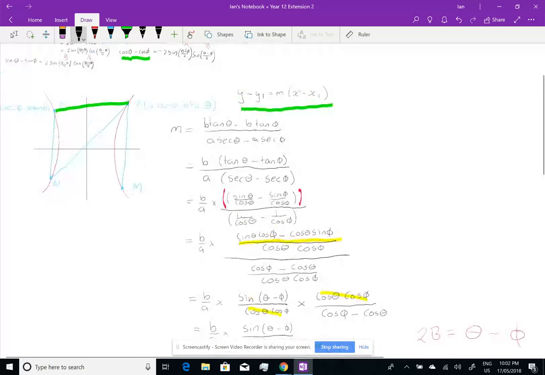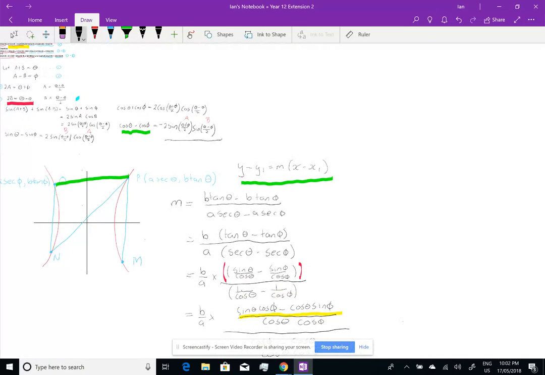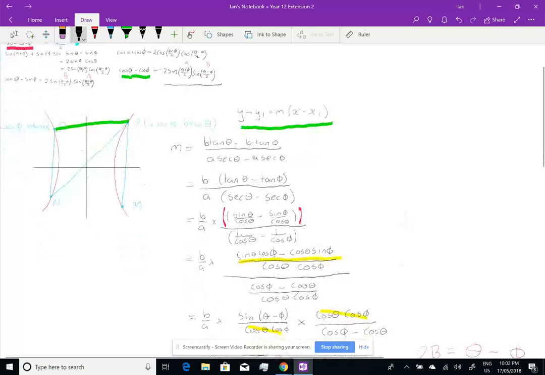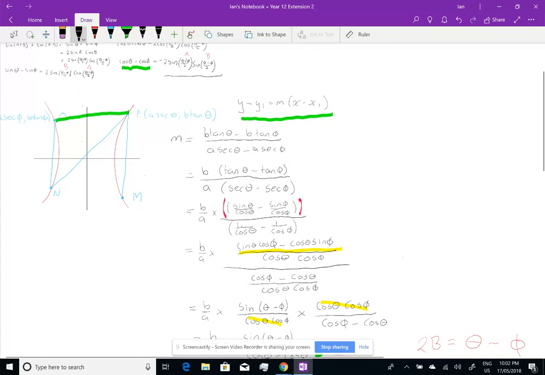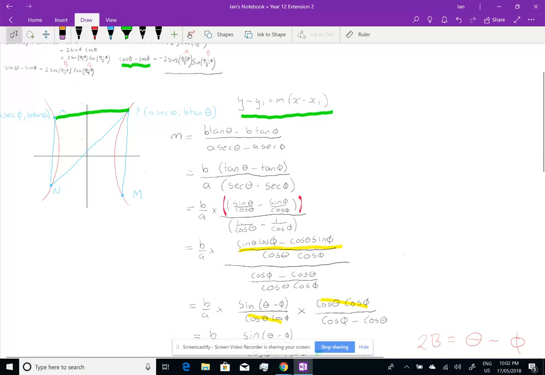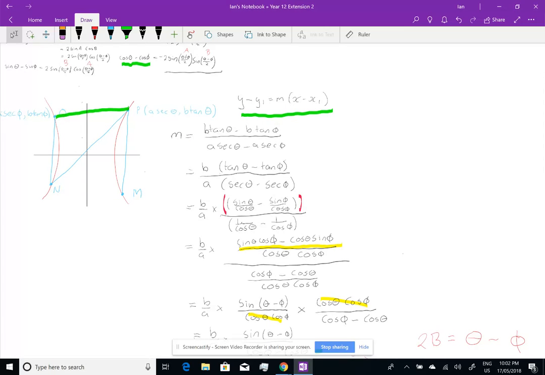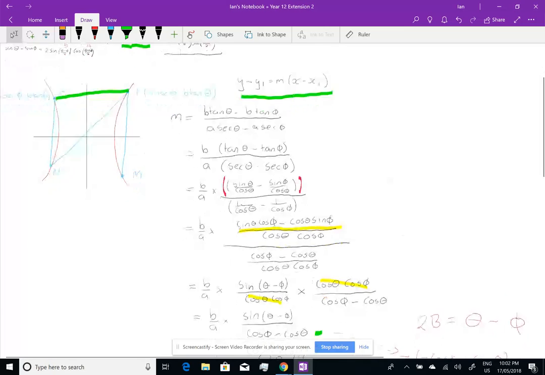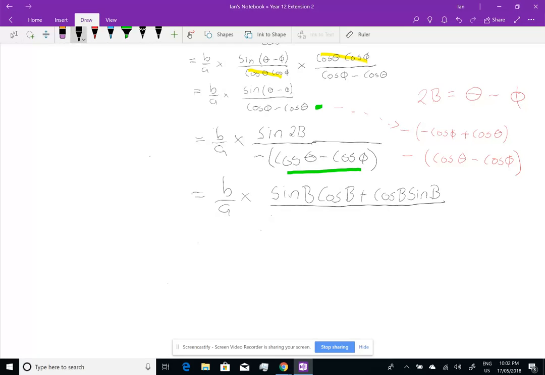So let's go back and have a look at what it was. And here it is. Negative 2 sine theta plus phi on 2 times sine theta minus phi on 2. So we've got a negative, and then we've got negative 2 sine theta plus phi on 2 times sine theta minus phi on 2.